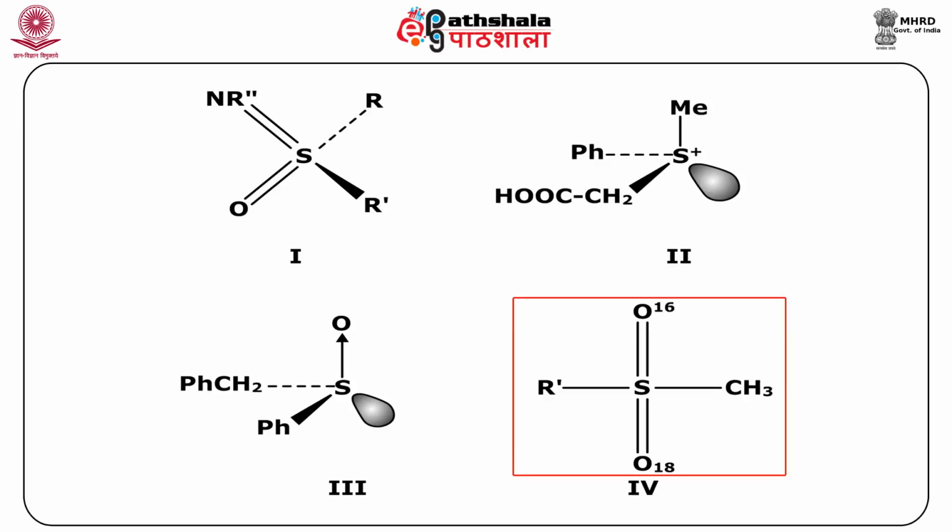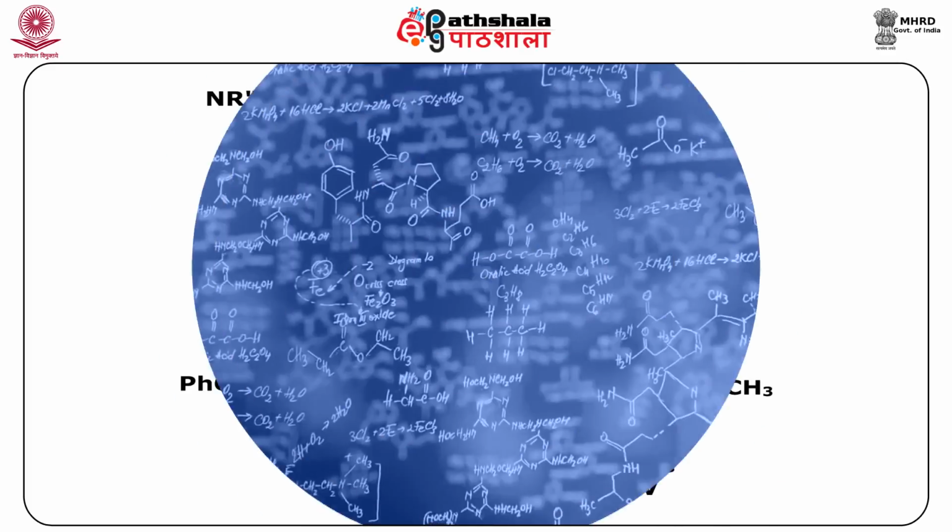However, the sulfones, structure 4, which also possess sulfur bonded tetrahedrally, do not display chirality due to the presence of 2 oxygen atoms on sulfur. But if sulfones contain different isotopes of oxygen, like if one is O16 and the other is O18, as shown in this structure 4, then they will show chirality.